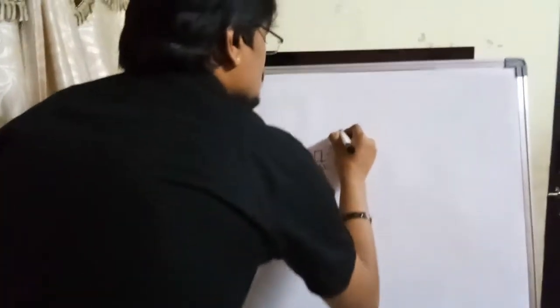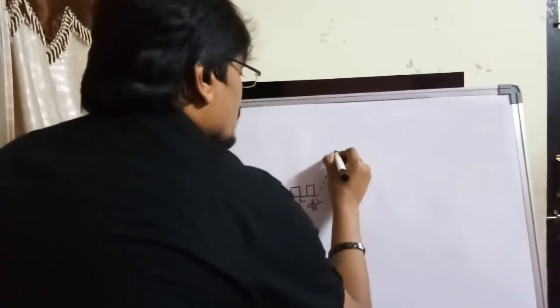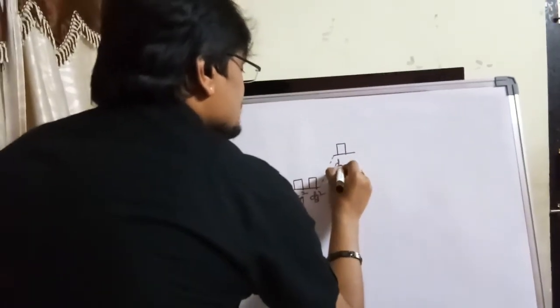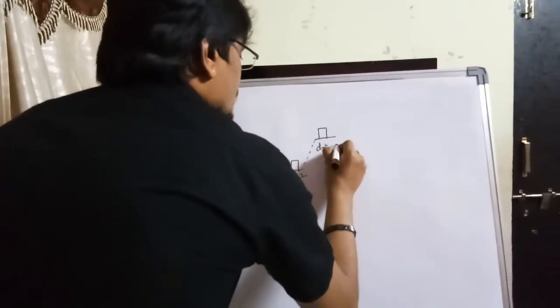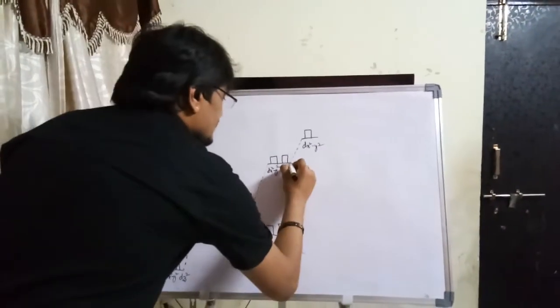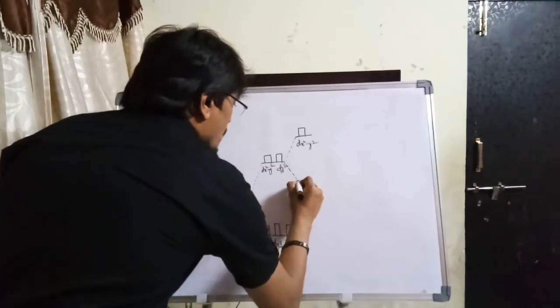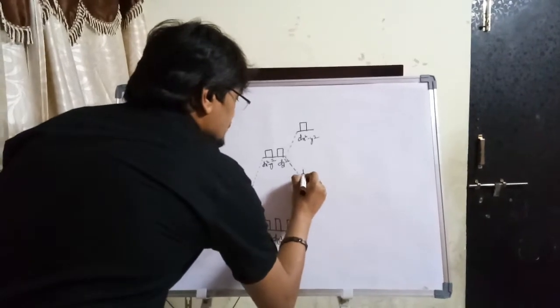That is, dx square minus y square will occupy the highest energy level, whereas dz square occupies the lowest energy level.